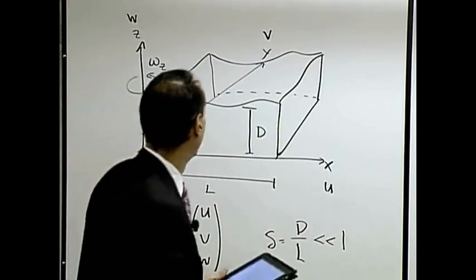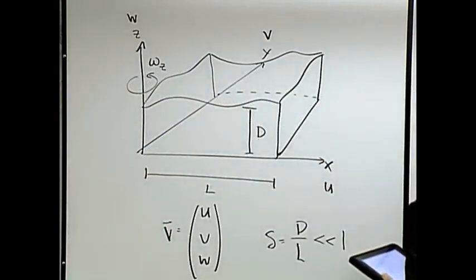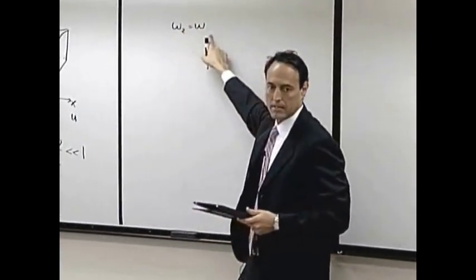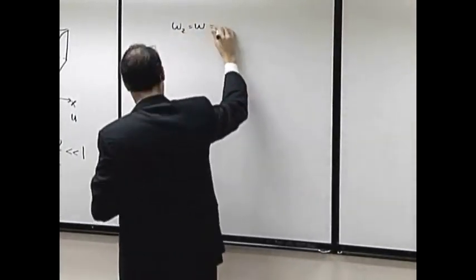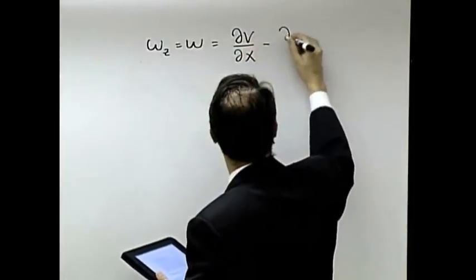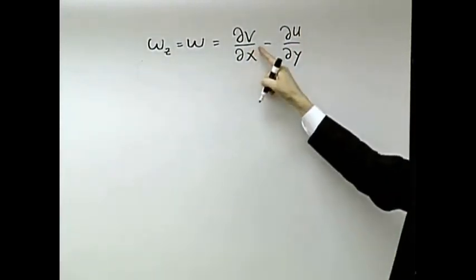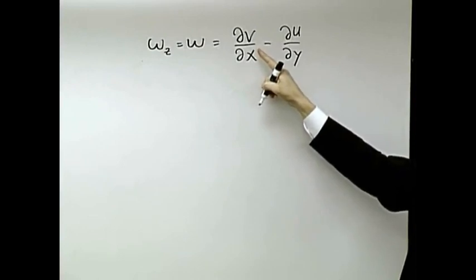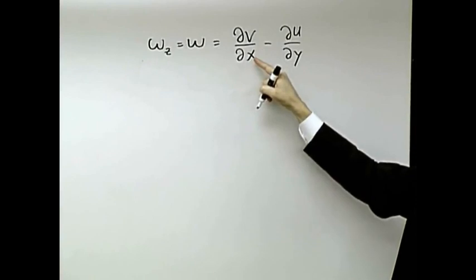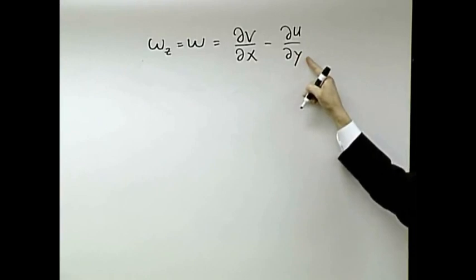Okay? How is it defined? Well, this vorticity that we want to look at, we'll call omega z, and we'll just call it omega because that's the only one we're going to consider. It's defined as the partial derivative of the velocity v in the y direction with respect to x, minus the velocity in the x direction and its rate of change in the y direction.